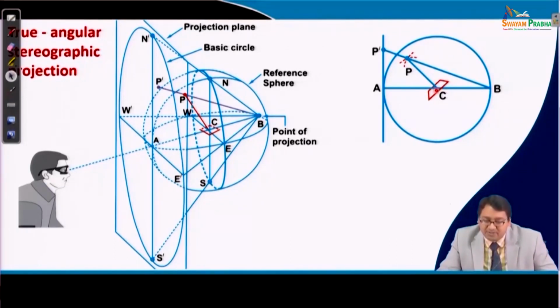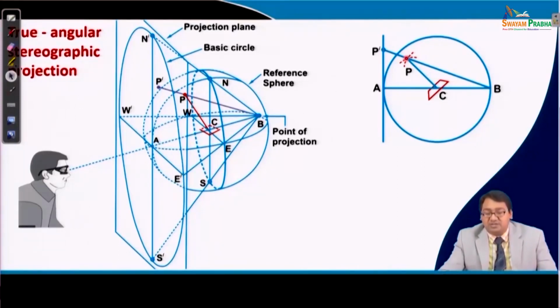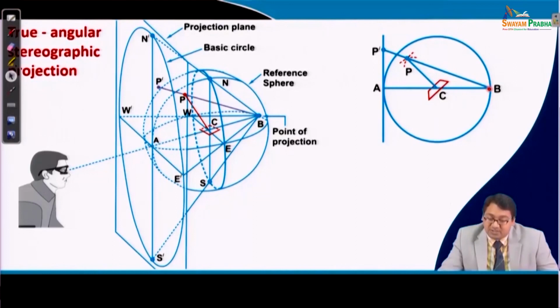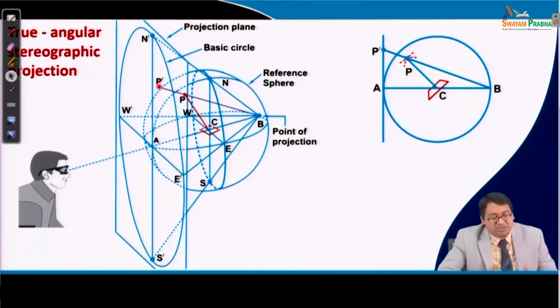So the perpendicular to the plane, P, is coming out from the circumference of the 3D stereogram, which looks like a circle here, and then B, which is the point of projection, the light rays fall on this spot, and then the shadow of the spot falls on P dash. The P dash is shown here in the large figure. So this is the way a stereographic projection works.